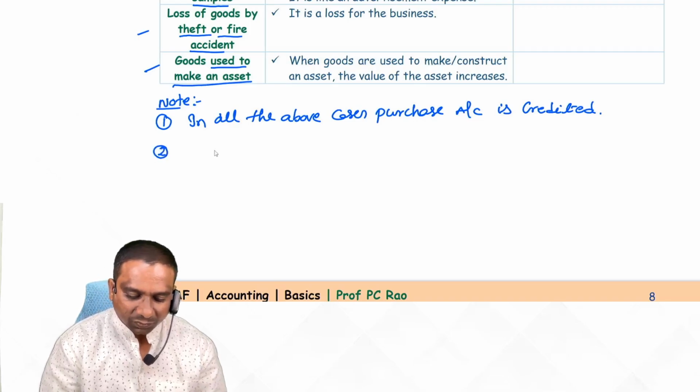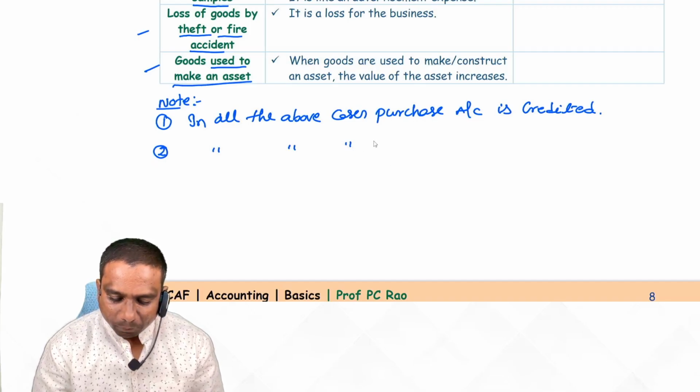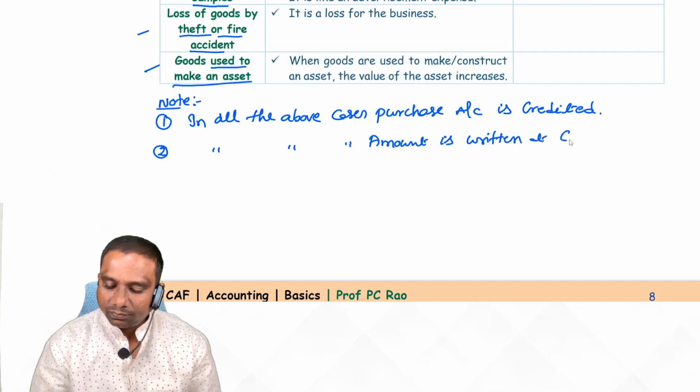Second one, in all the above cases, the amount is written at cost value.